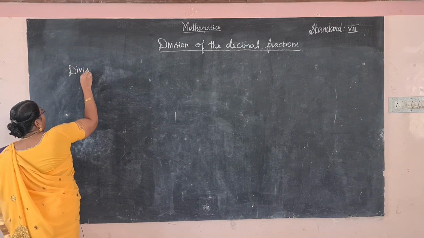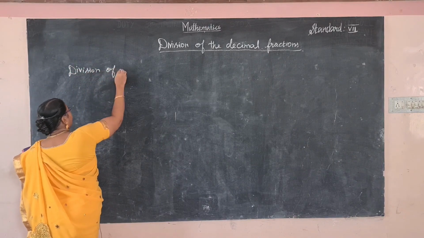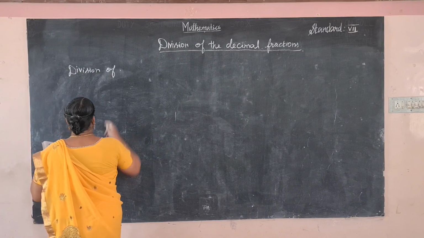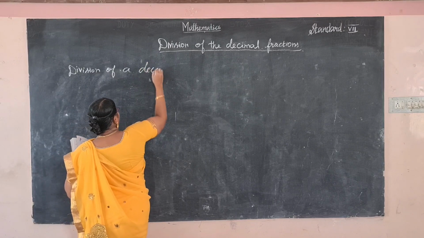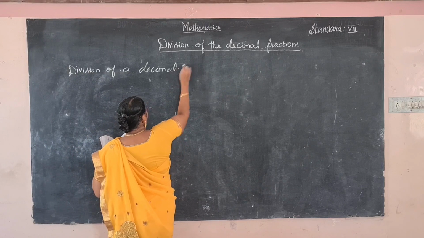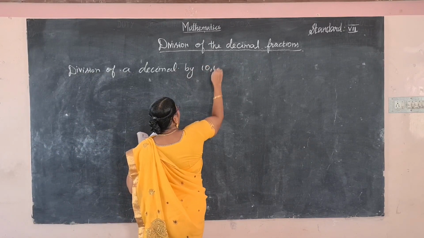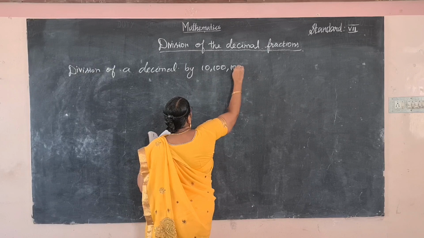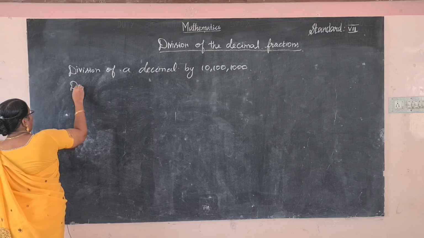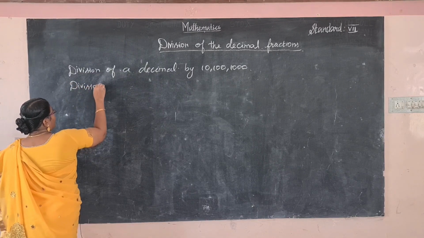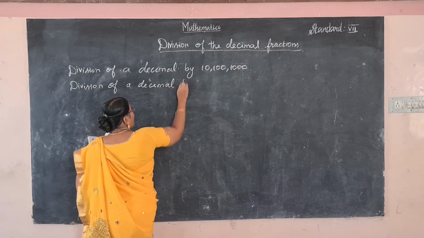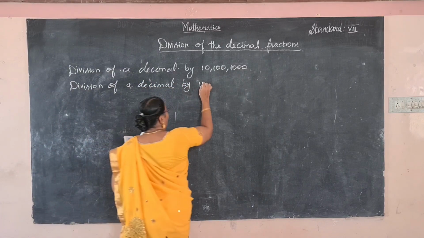The division of a decimal by 10, 100, 1000. Okay. And next one, division of a decimal by a whole number.